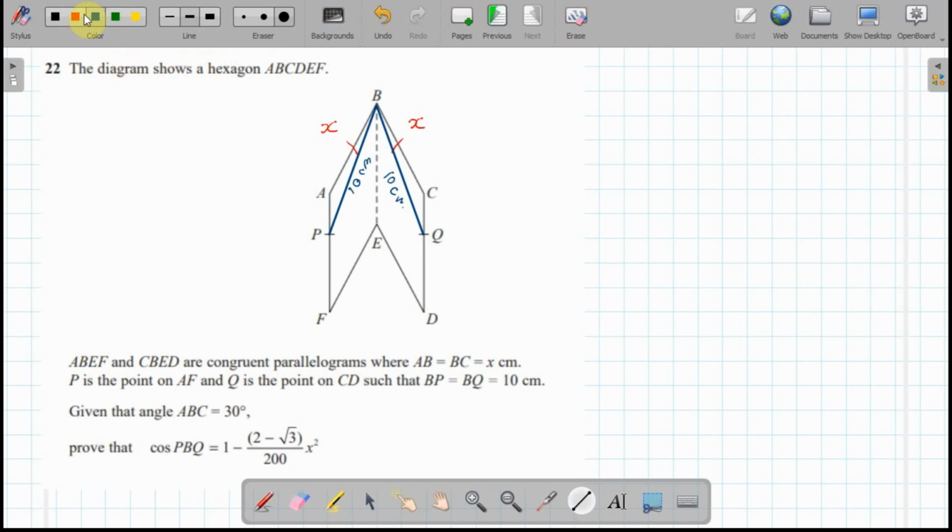The first thing I'm going to do is draw the triangle BAC. I know AB is x and BC is x, and angle ABC is 30 degrees.